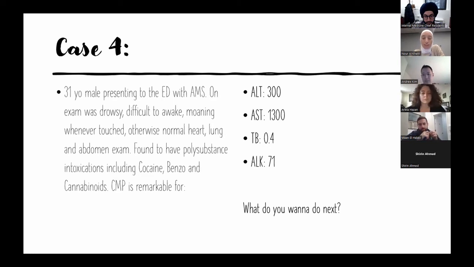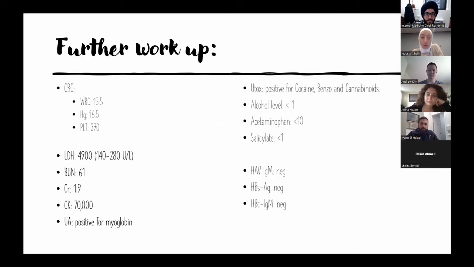So this is a good thought that the AST/ALT ratio is much more than 2, so the differential is limited. And as Ma'an mentioned, it's really too high for alcoholic hepatitis. Also, given his cocaine and substance abuse, we might think about something else.